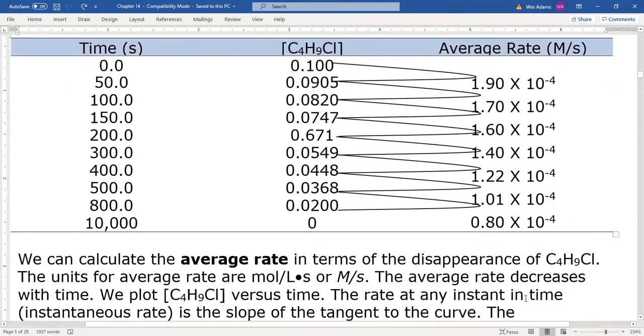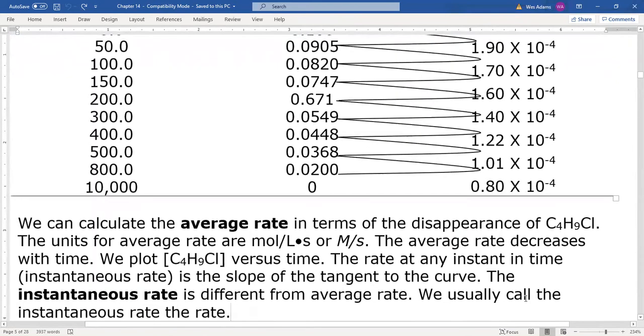So we can calculate the average rate in terms of disappearance of the chlorobutane, and the units for the average rate would be moles per liter per second, or molarity per second. The average rate decreases with time, as we mentioned, and if we plot that, we can get the instantaneous rate being the slope of the line tangent to the curve.